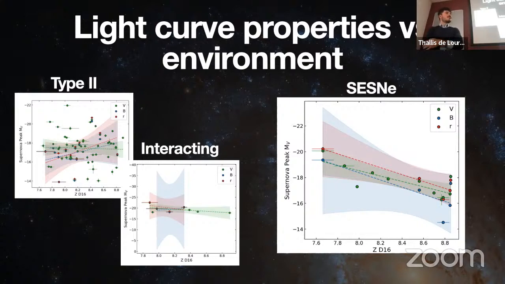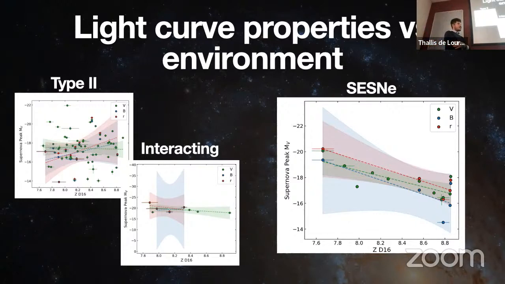You have several objects at the same time, so this is a population analysis, right? If you want to go to individual objects, you get the spectrum of that object and compare to models, and then you can measure how much mass has been ejected before.